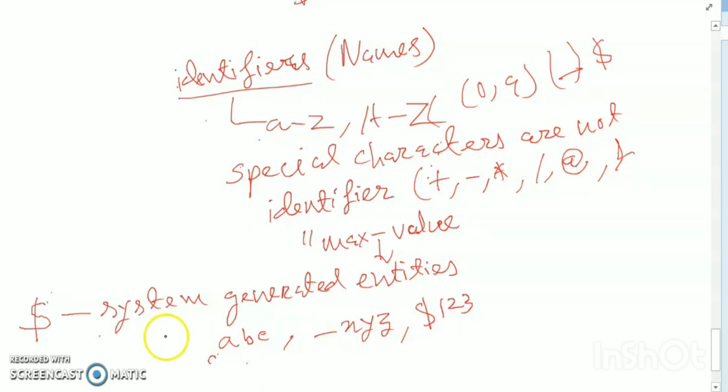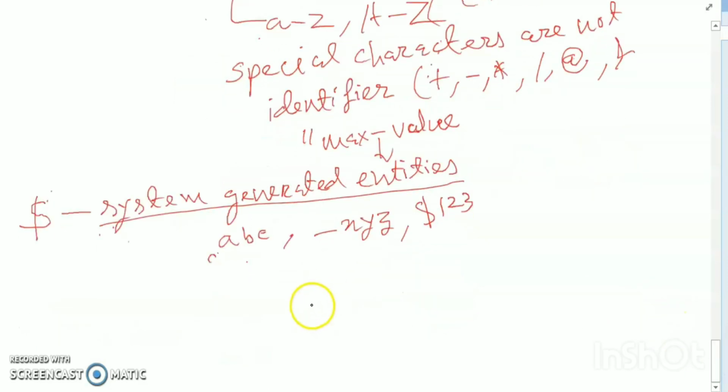They are identifiers, system generated entities. But 1ABC is not valid, because it should not start with a digit. If I write 1ABC, it is not an identifier.